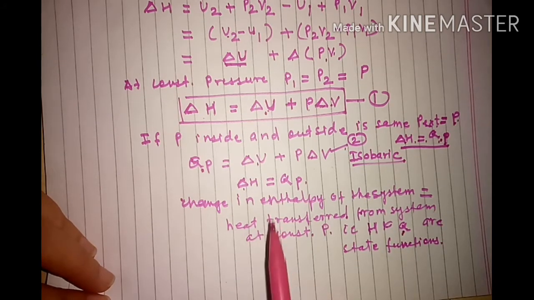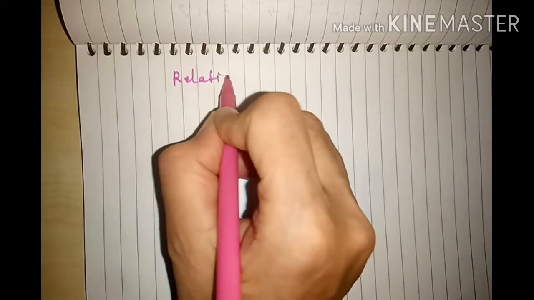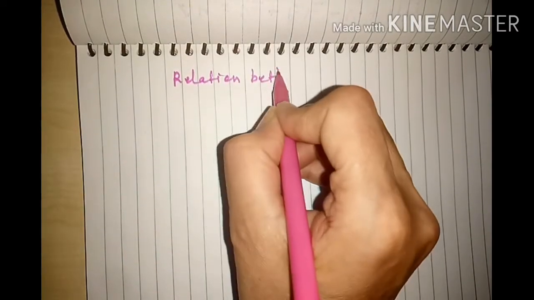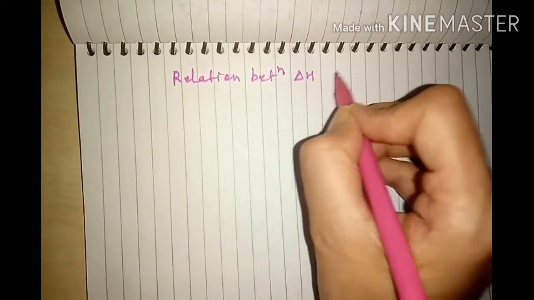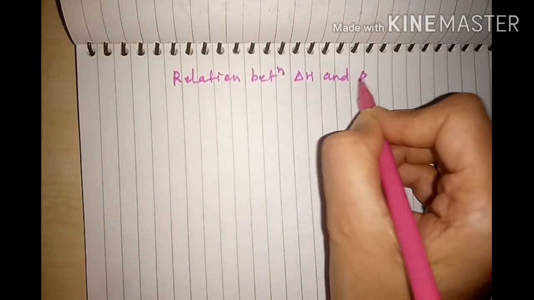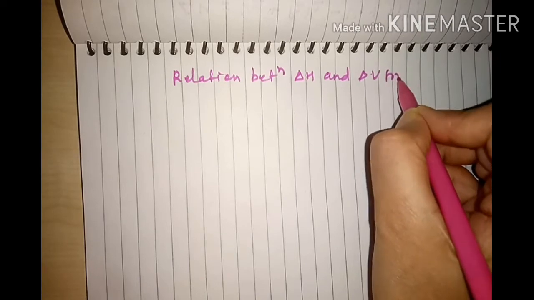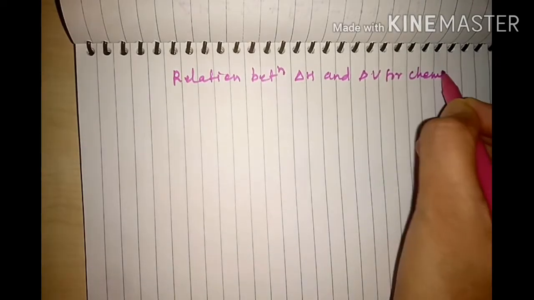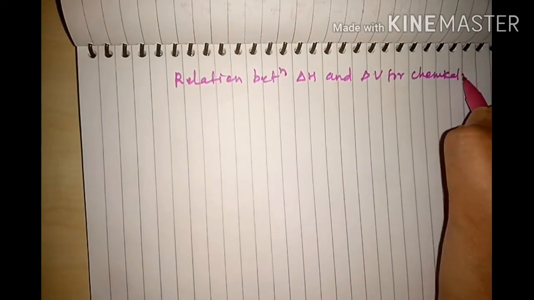So further you can go to the next thing, that is the relationship between delta H and delta U for chemical reactions.